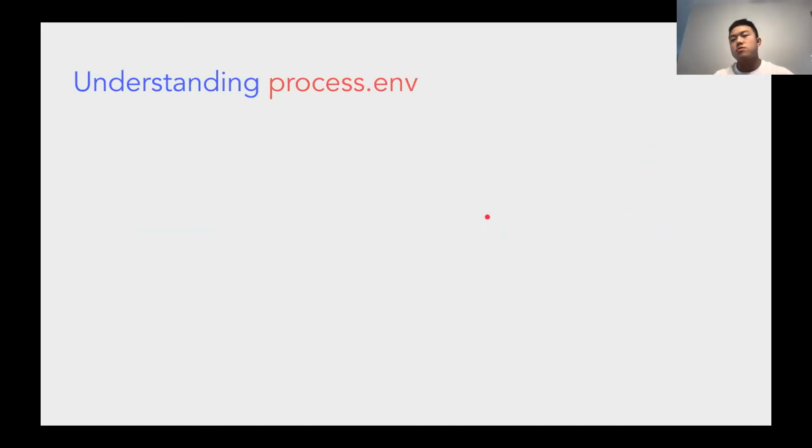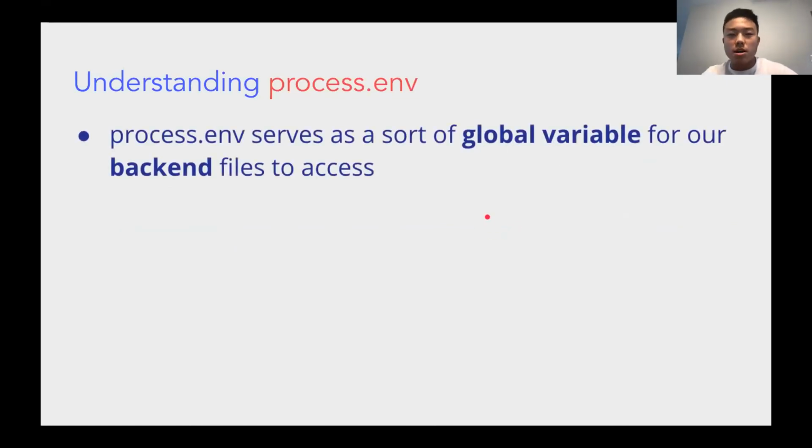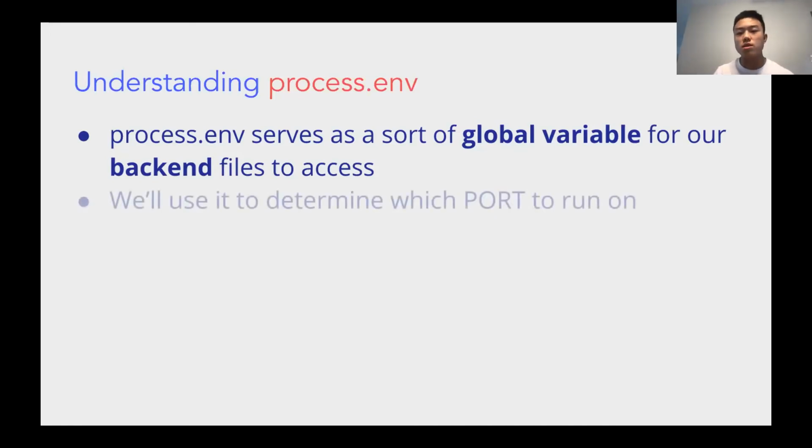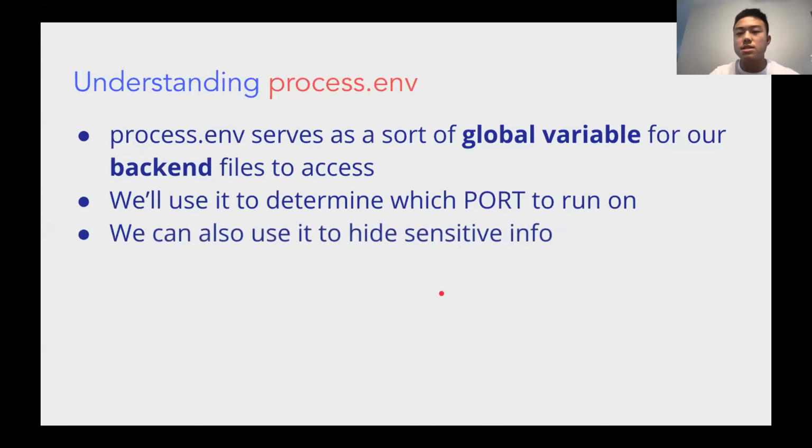To say that another way, process.env is this global variable that our backend can access. We're going to store a lot of values in the process.env, such as port. But also, in addition to port, we're also going to store some other things like sensitive info. And we'll explain why that is in just a bit.